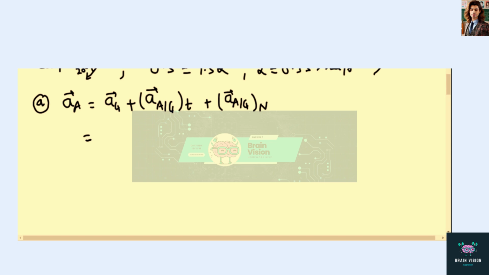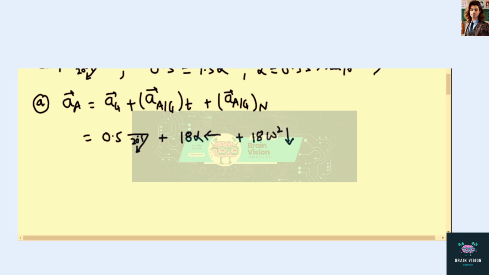This value you know, 0.5 inch per second square in this direction, plus 18 into alpha towards left, plus 18 omega square downward to the right.